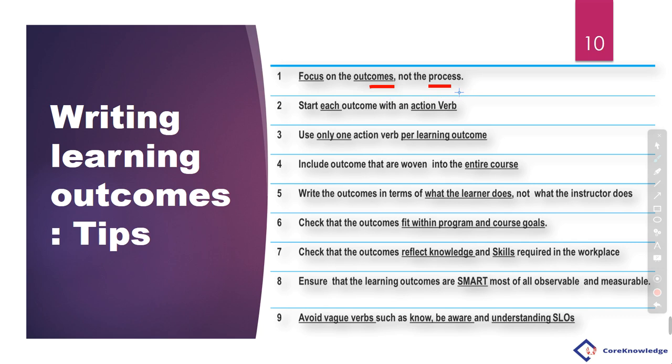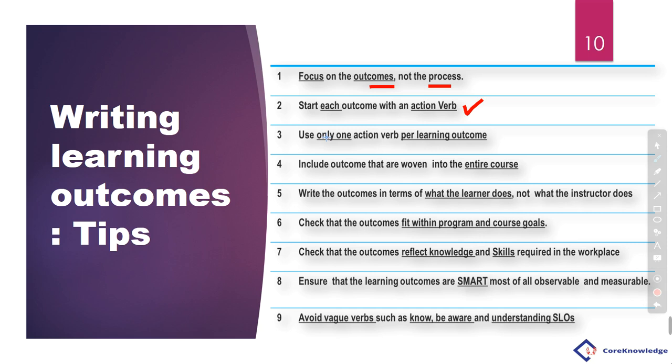The key is, can you achieve the results? Also, ensure that you start each learning outcome with an action verb every time. That's what we saw earlier: by the end of the training, participants should be able to, then you bring in the verb, and then you construct that learning outcome based on the statement.